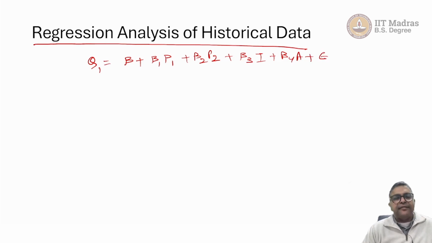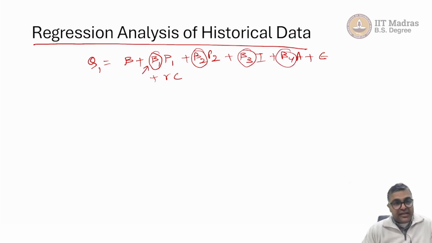If you have enough historical data for this particular item, even from different cities, you can have a city effect also, let us say gamma city, and you can combine all these and run a regression and evaluate how much is going to be beta 1, beta 2, beta 3, beta 4, and so on.